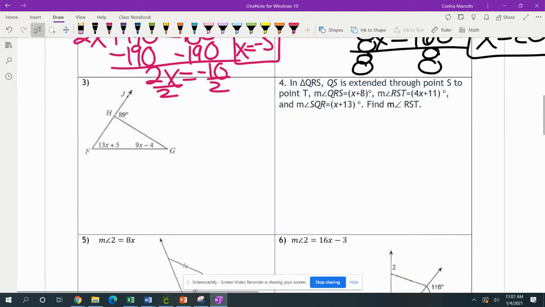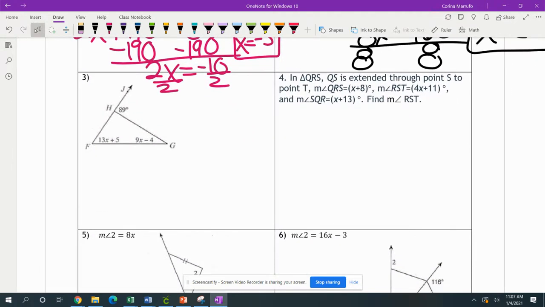So let's look at the next one. This time they give us the exterior angle. Remember the exterior angle here is equal to the sum of the two opposite angles. So 89 is equal to 13x plus 5 plus 9x minus 4.